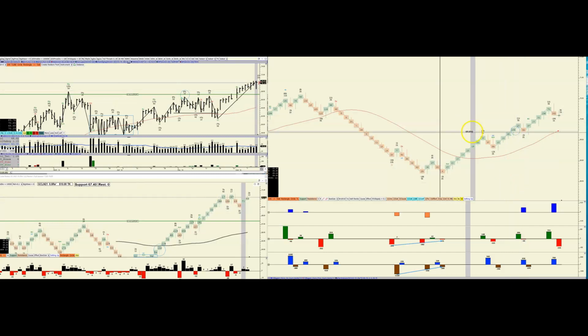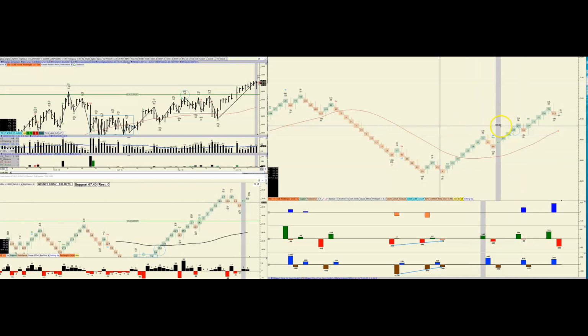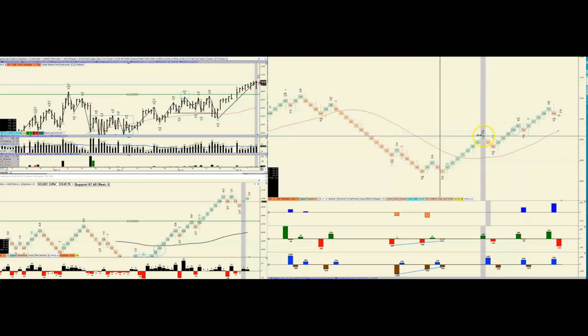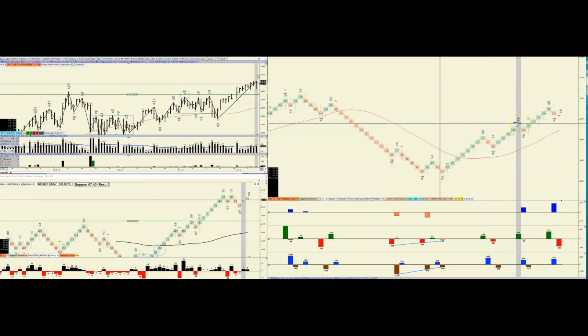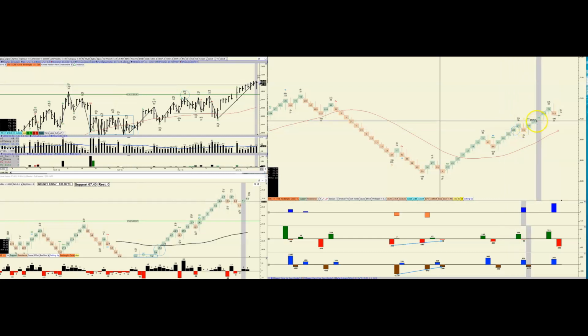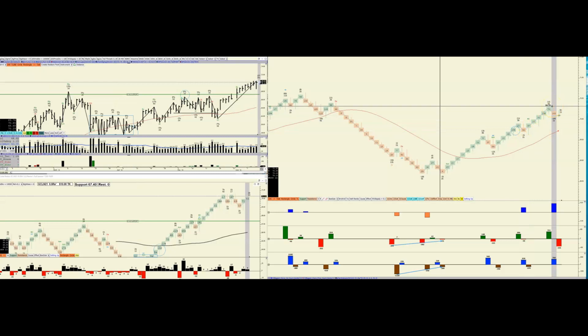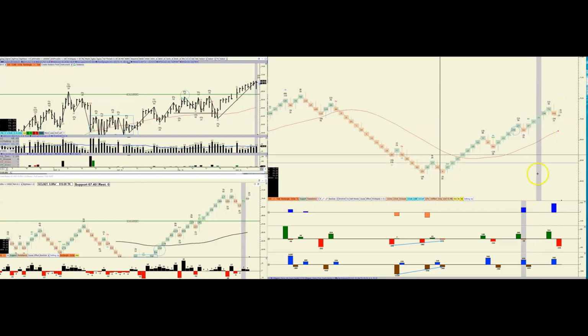Okay, has the thrust shortened? No. Has the volume diminished? No. So don't sweat it. After that, we see another wave. Has the thrust shortened? No, it's increased. Has the volume diminished?